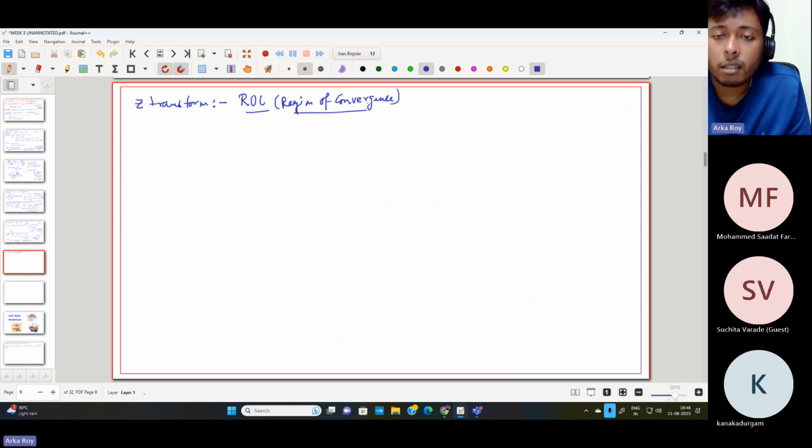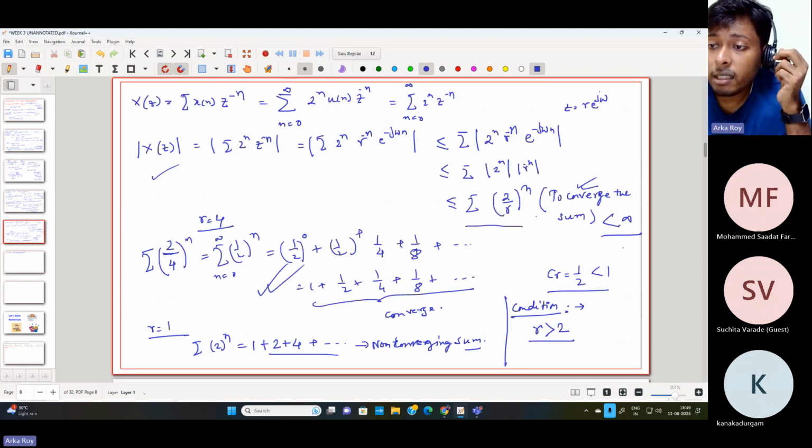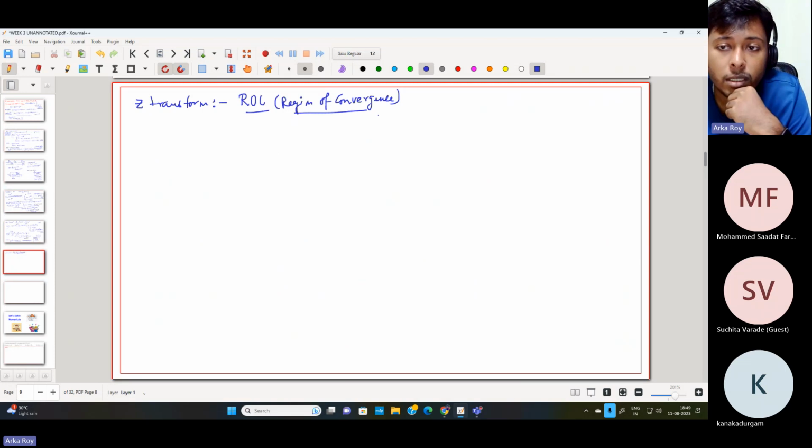Here we have seen that analytically, if we just find the Z transform of a particular sequence and get some representation of X(z), we still will not be able to say whether the Z transform for this particular sequence is converging or not.